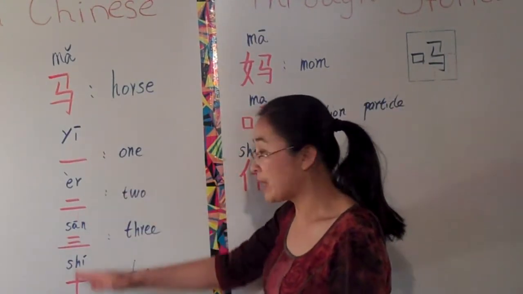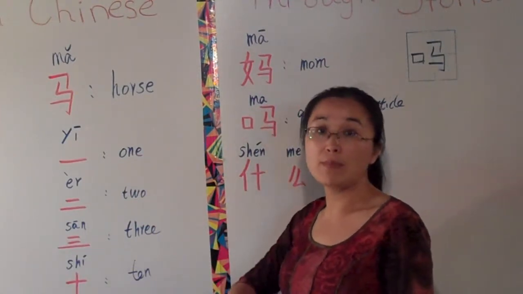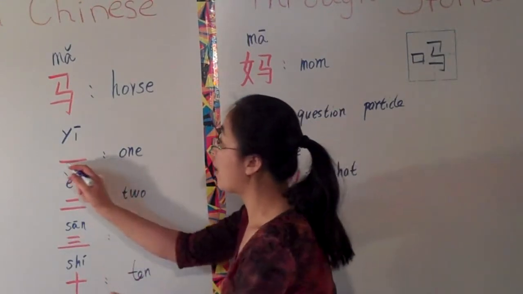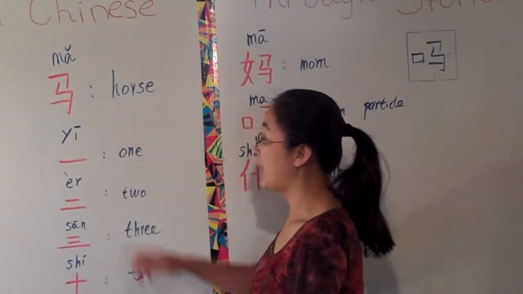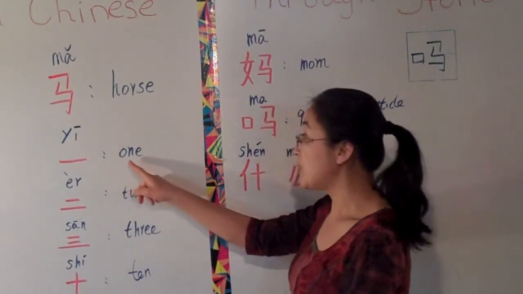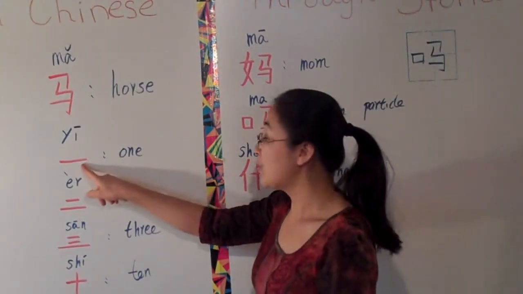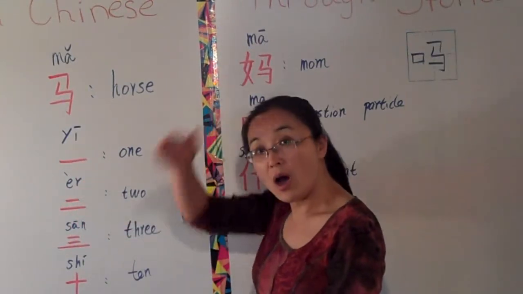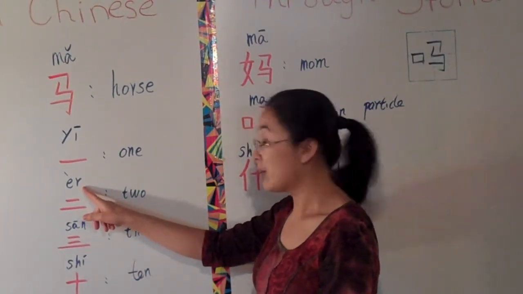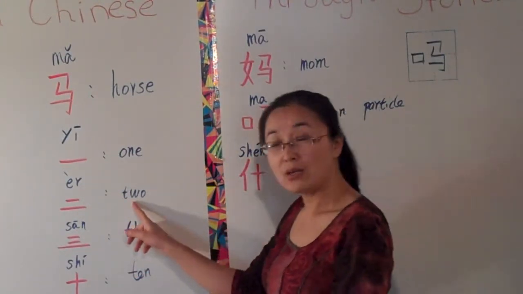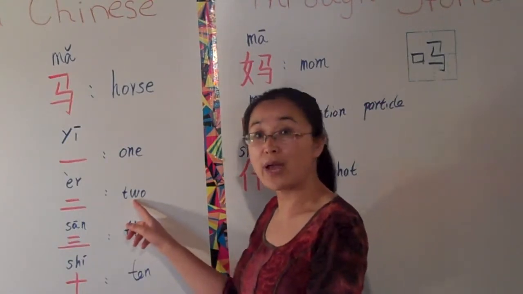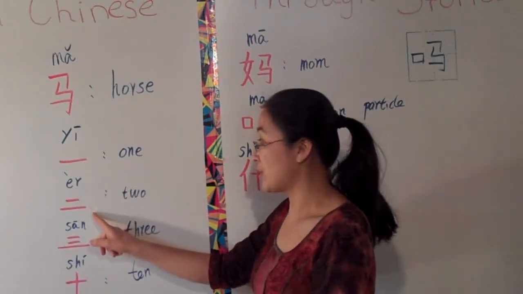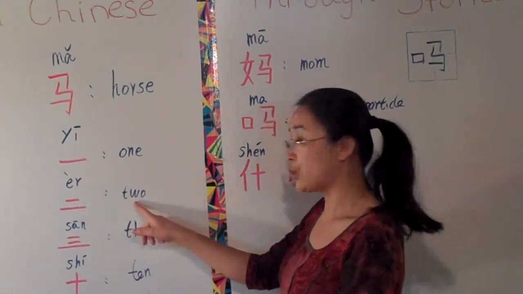Now let's talk about some numbers. The Chinese number system is very, very simple. This one with 1 bar is 一. It's pronounced yī. It means 1. If you put down 2 bars, pronunciation èr. It means 2. Really looks like a tally, huh? 1 bar, 1. 2 bars, 2.